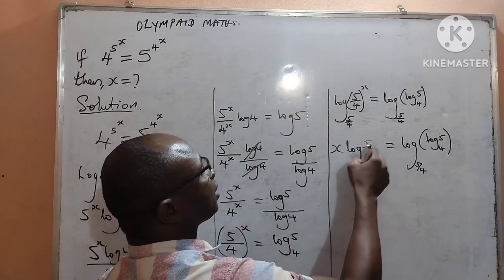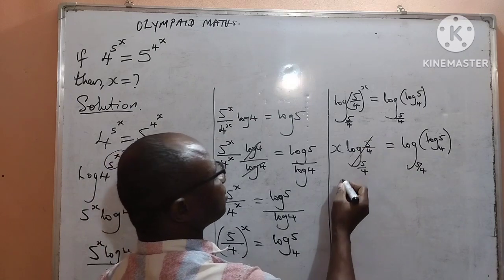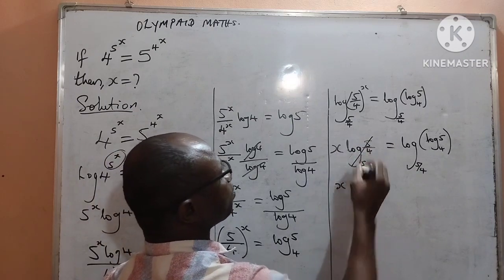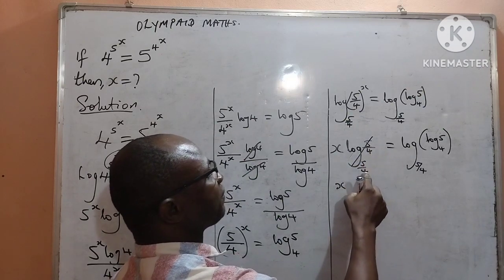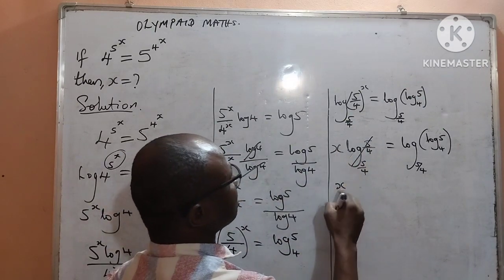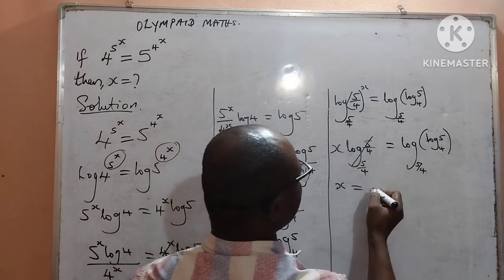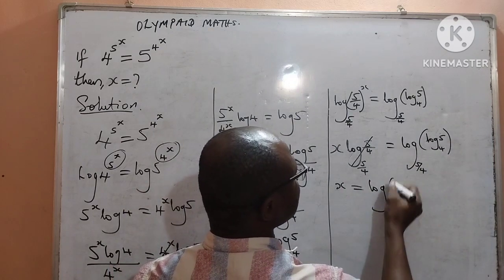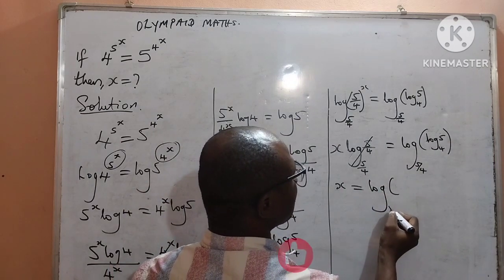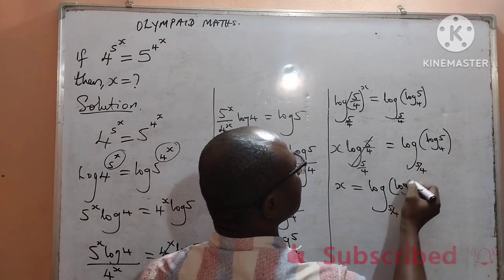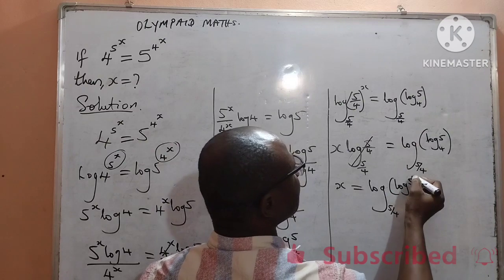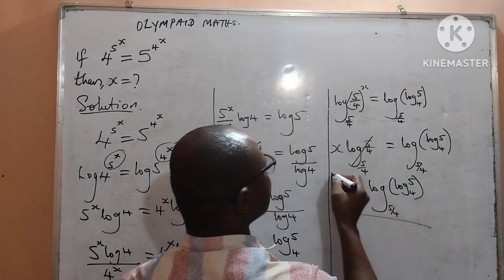Therefore, the logarithm to its own base will cancel out, giving me x times 1, because log 5 over 4, base 5 over 4 is 1. And 1 times x is x, which is now equal to our final answer, the log to base 5 over 4 of 5 base 4. So this is our final answer.